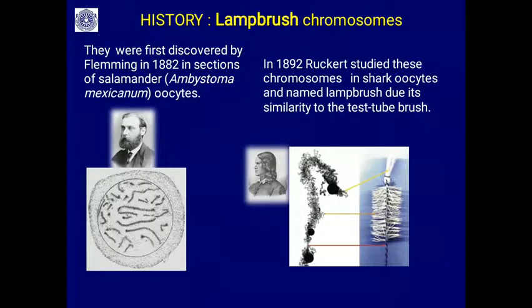What is the history of Lampbrush chromosomes? They were first discovered by Fleming in 1882 in salamander oocytes.